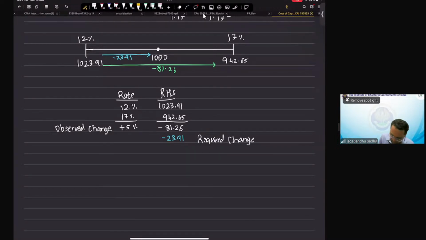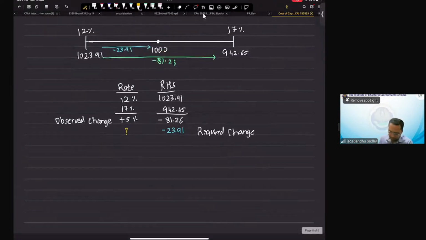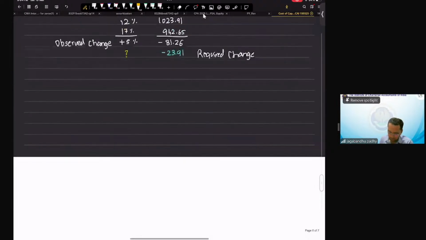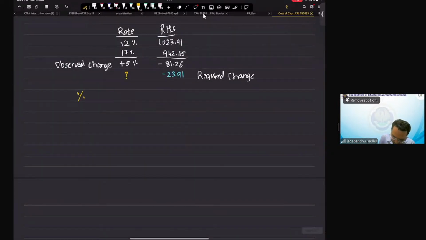Then, can you tell me what is the percentage change that was required? You do the calculation by simply cross multiplication. What is the percentage change that we needed?